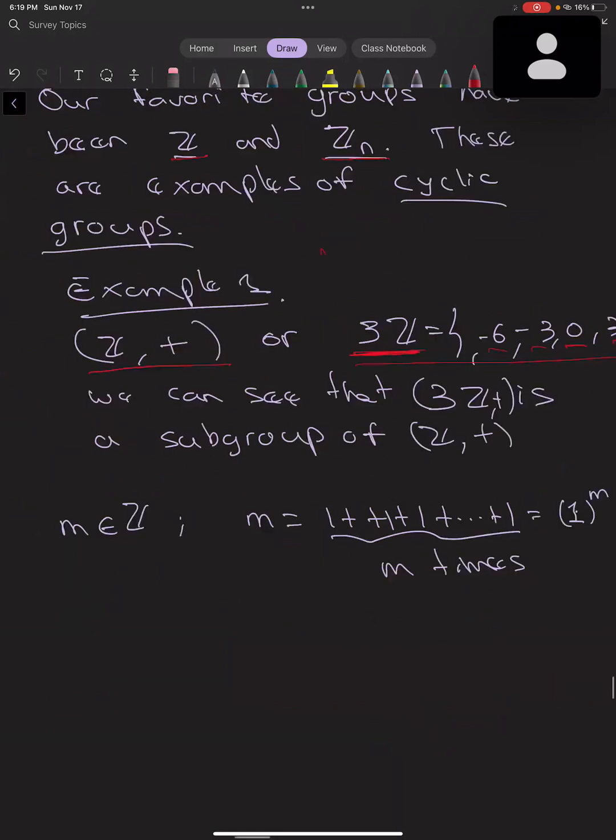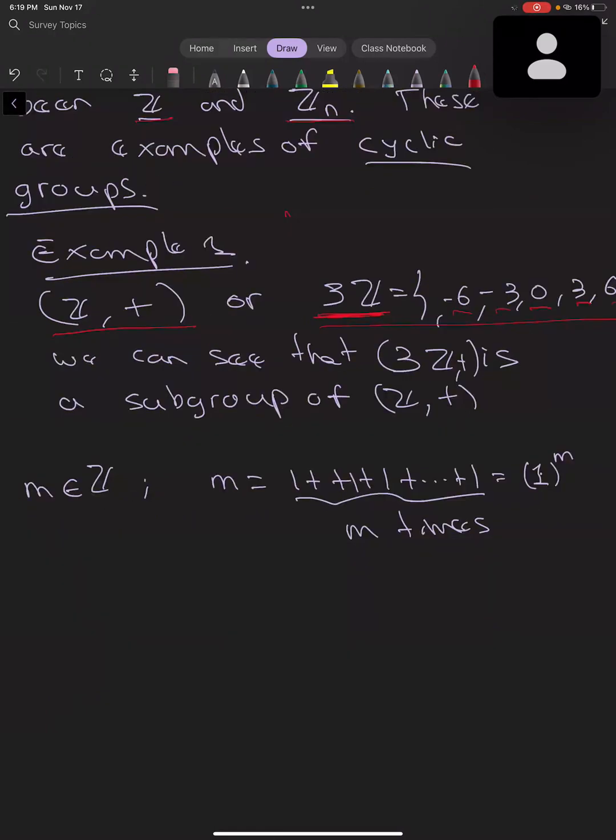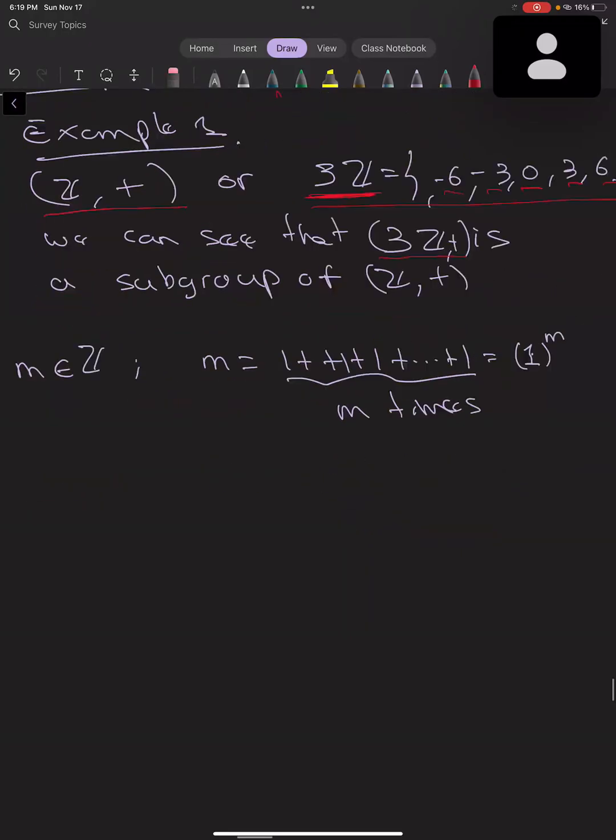So we can see that the multiples of 3 with the sum is a subgroup of the regular integers. And in particular, we usually use this notation: 1 plus 1 plus 1 plus 1 plus 1, n times, will generate the integers.